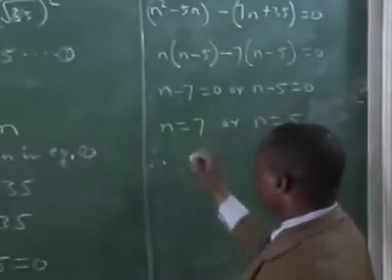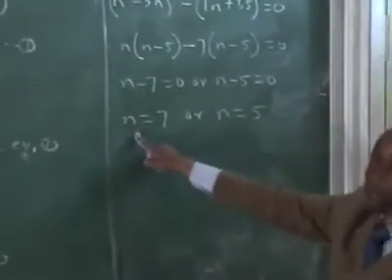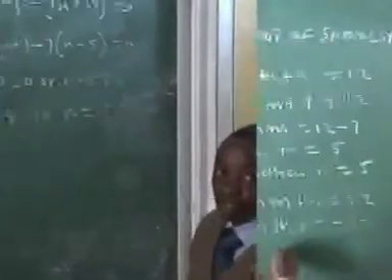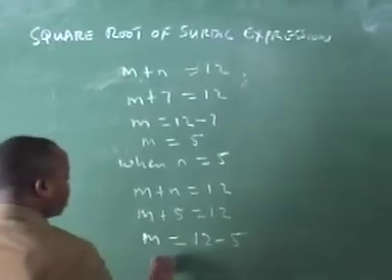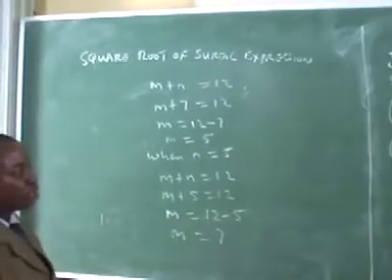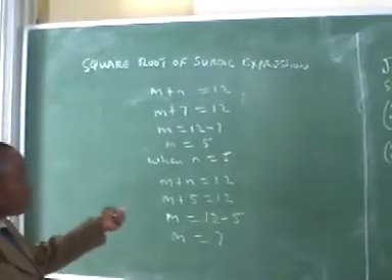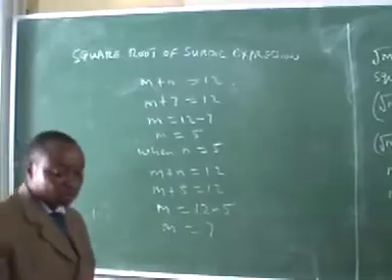Therefore, now we have seen that n is equal to 7 or n is equal to 5. So m will be 12 minus 5, which is 7. So m is 7 and n is 5, or on the other side m is 5 and n is 7.